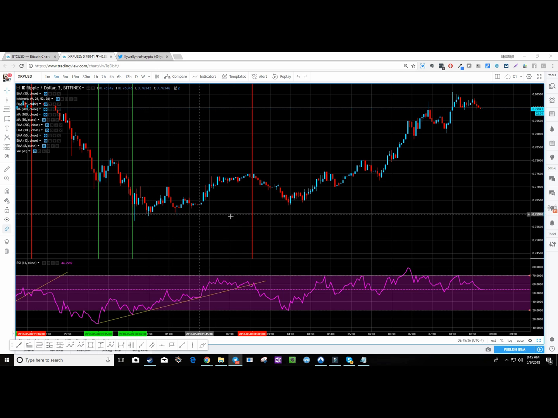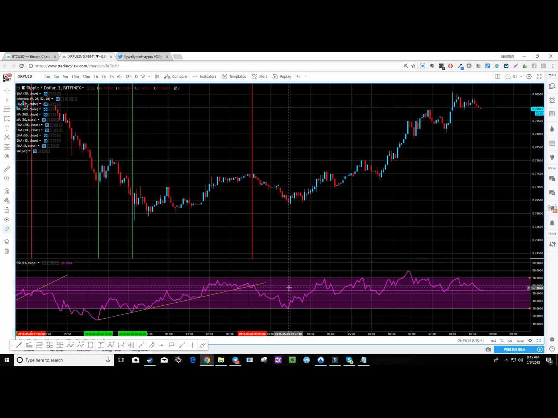So I was still expecting this, and seeing price tick down into the oversold zone, this probably would have been a position that I would have felt comfortable moving into, carefully, but moving into expecting a bounce and then getting it.